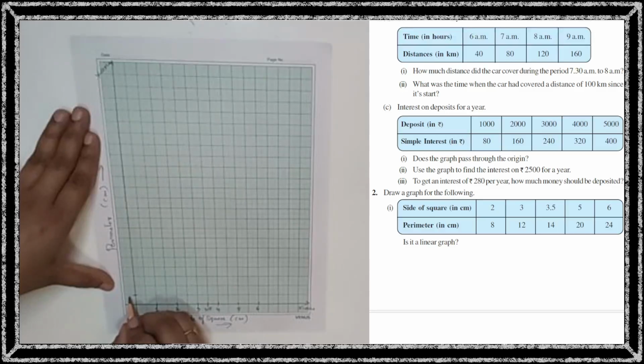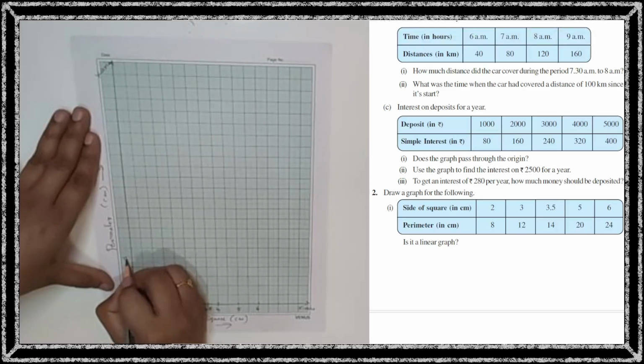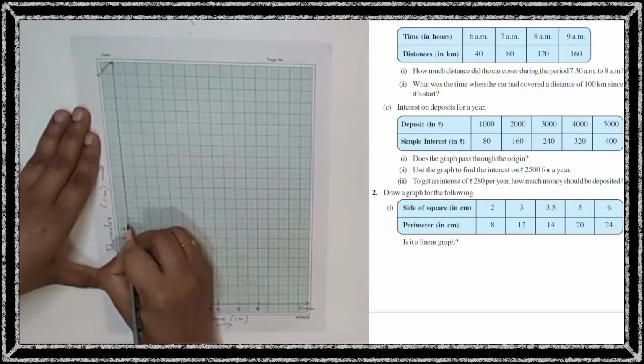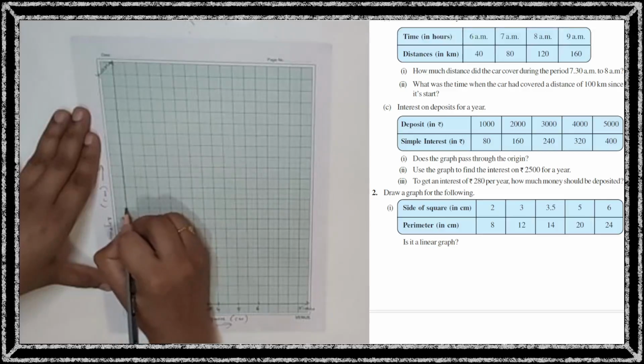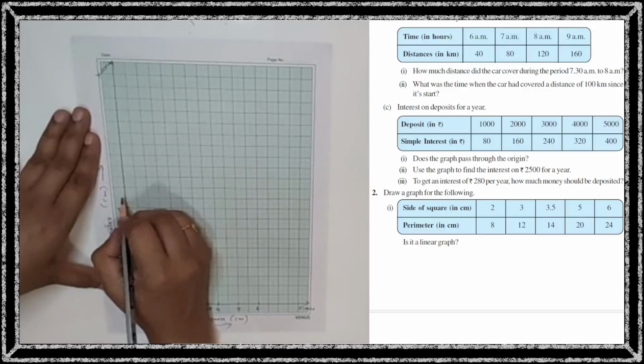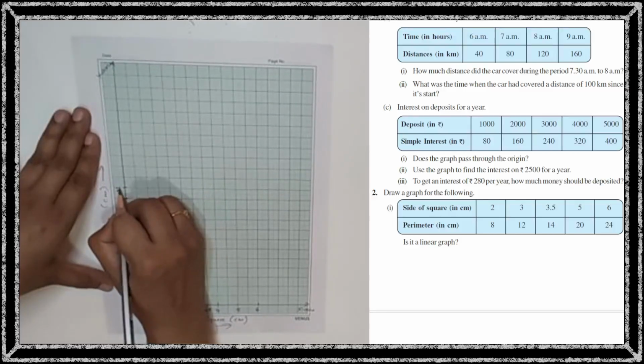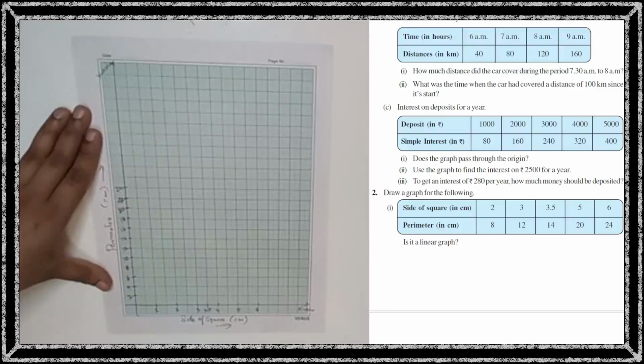Okay, so 1 unit is 2, so I have 4, 6, 8, 10, 12, 14, 16, 18, 20, 22, 24. So that should cover the data, right?